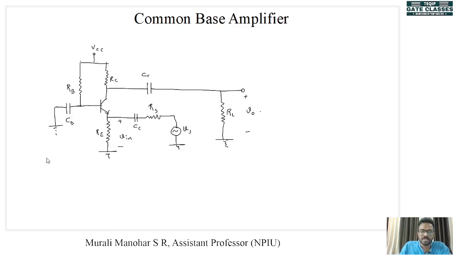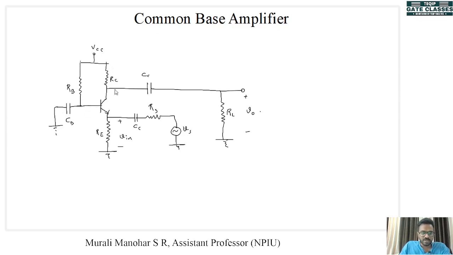So they can be considered as short circuits, and DC supplies have to be removed. So this end of RB is connected to ground, and this end is connected to ground. So RB is basically not in the circuit, because the base is now directly connected to the ground.